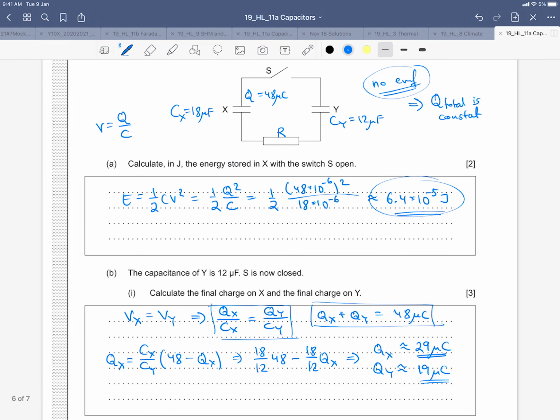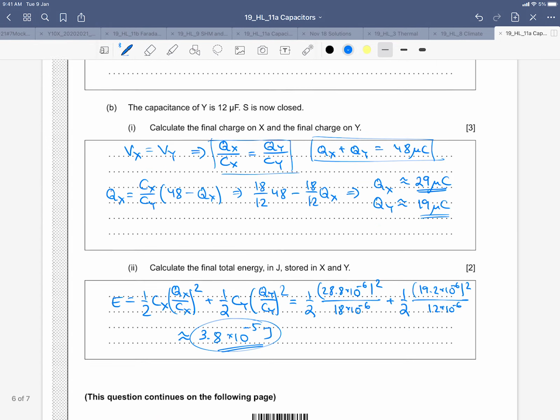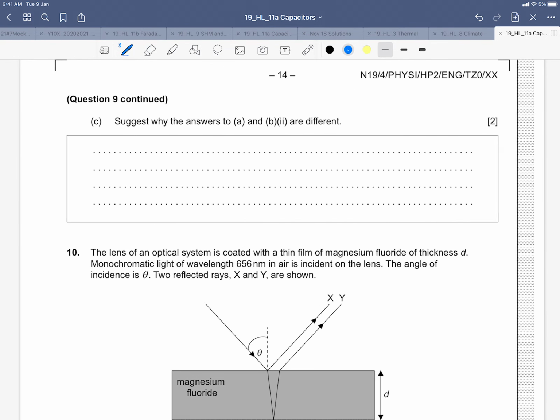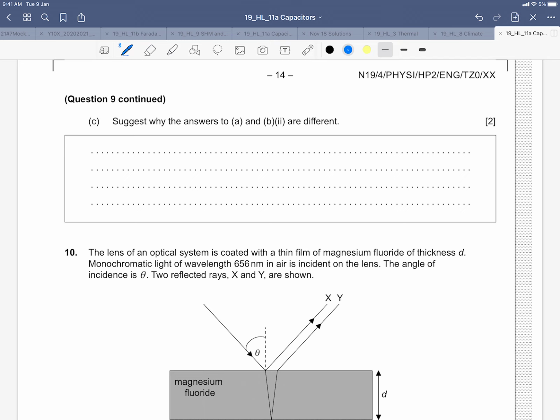And as we mentioned before, that's because the current has run through the resistor and some energy was dissipated there. And that is what we have to write here, suggest why they're different.